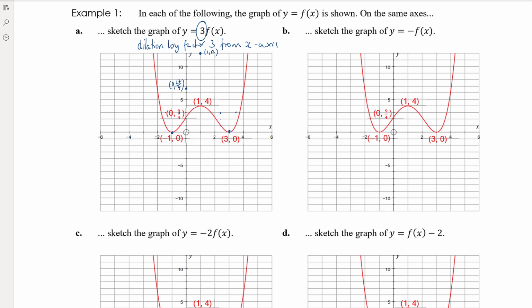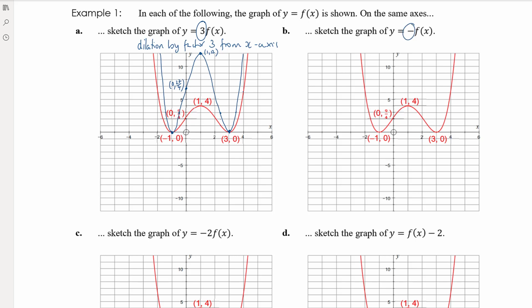So mark yourself a few points on so you can get a sense of the shape. It's going to be taller and thinner because it has been stretched away from the x-axis by a factor of 3. Okay, so that's essentially the graph of 3 times f of x: f of x dilated from the x-axis by a factor of 3.